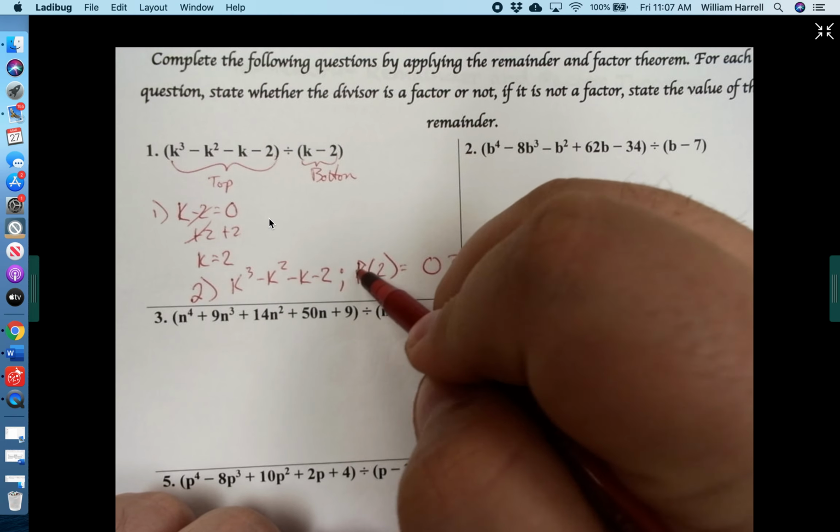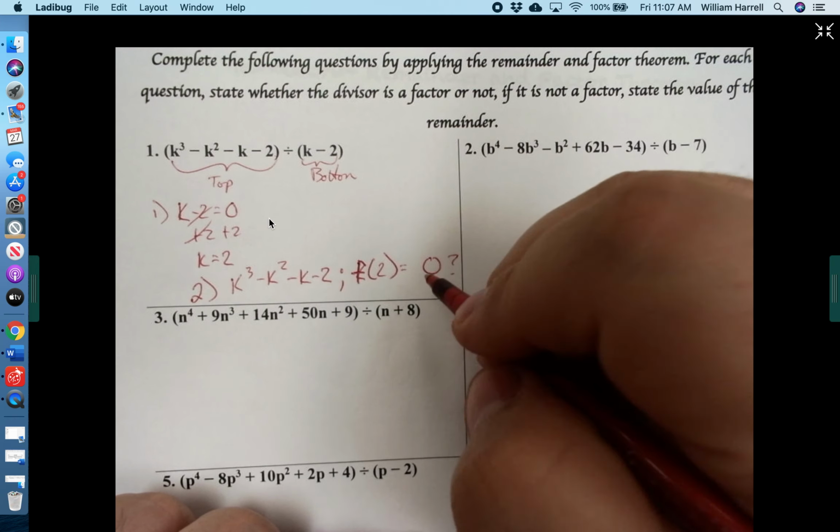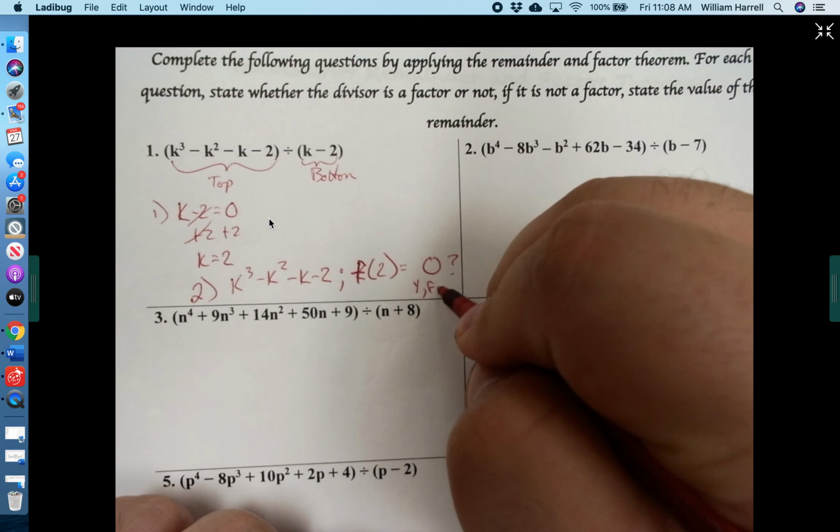Or excuse me, this would be f of 2 equals 0, and the answer is yes, so it's a factor.